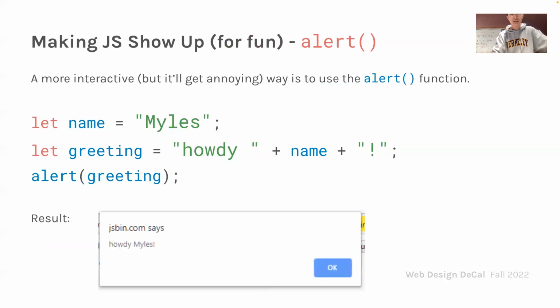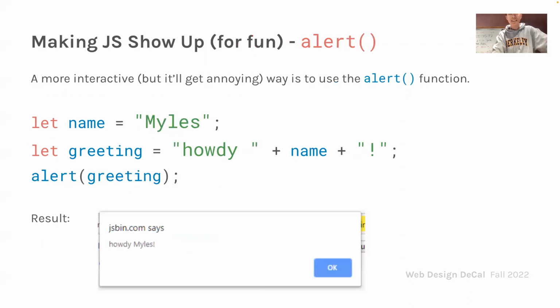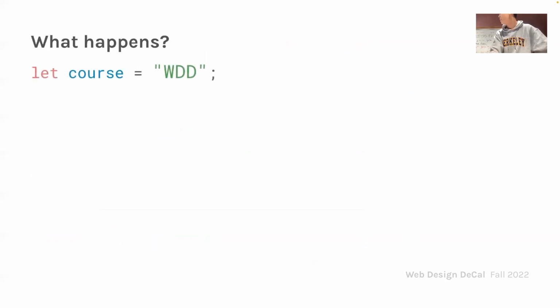Between the two, the only difference is that instead of console.log, you have alert. And it creates a little pop-up that you have to manually click OK to close out. So maybe something that you want to keep in your pocket, but not really useful as a developer.